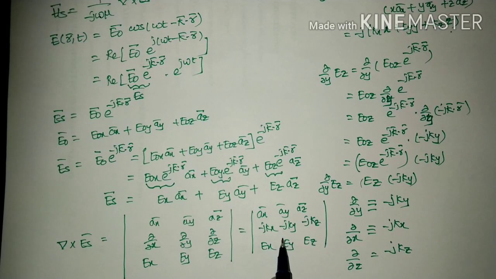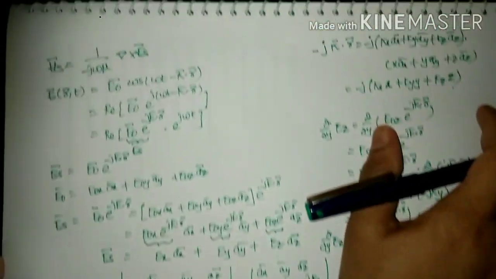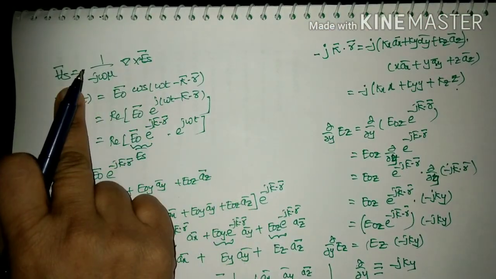So del cross Es bar is equal to this. But minus j kx, minus j ky, minus j kz is nothing but minus j k bar, so you are finding the cross product of minus j k bar with Es bar. So del cross Es bar is equivalent to minus j k bar cross Es bar. If you substitute this result in the earlier expression, you will get the expression for the magnetic field.